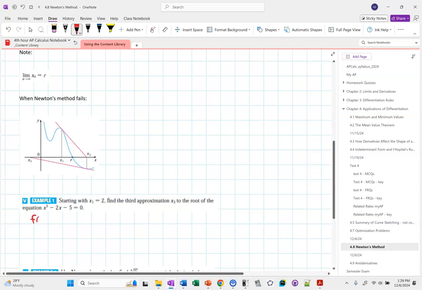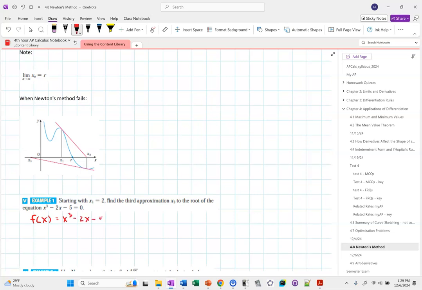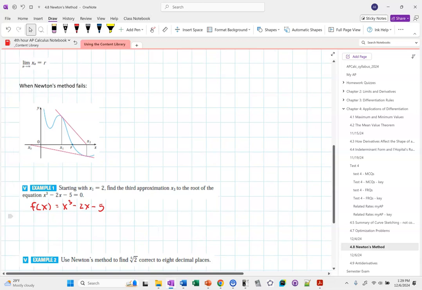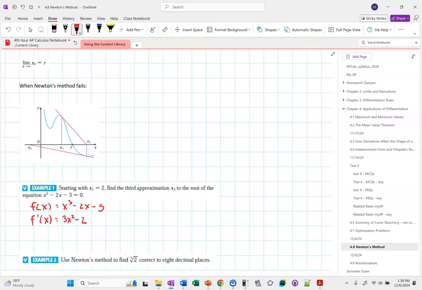So it says starting with x1 equal to 2, find the third approximation, that's x3, to the root of the equation x cubed minus 2x minus 5 equals 0. So there's my function. And then I'm going to need my derivative. So there's that. So far, so good.